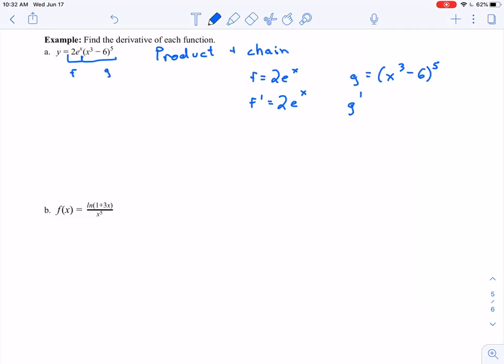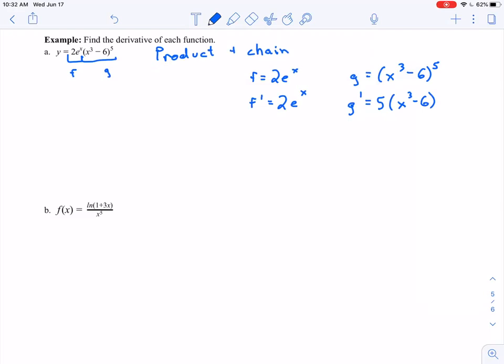And when I go to find g prime, here's when I need to use the chain rule. It's when I take the derivative of this part of my function, (x cubed minus 6) raised to the 5th power. So using those formulas that we've established earlier in this section, this looks like u raised to the nth power. So this is a power rule. I multiply by my power. Inside part stays the same, so x cubed minus 6 stays exactly the same.